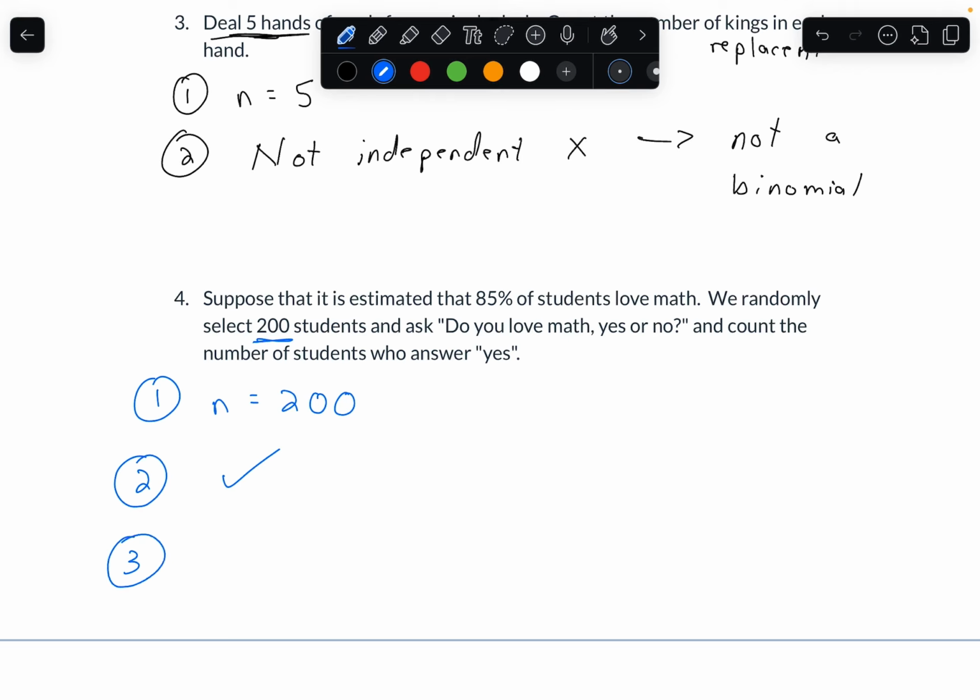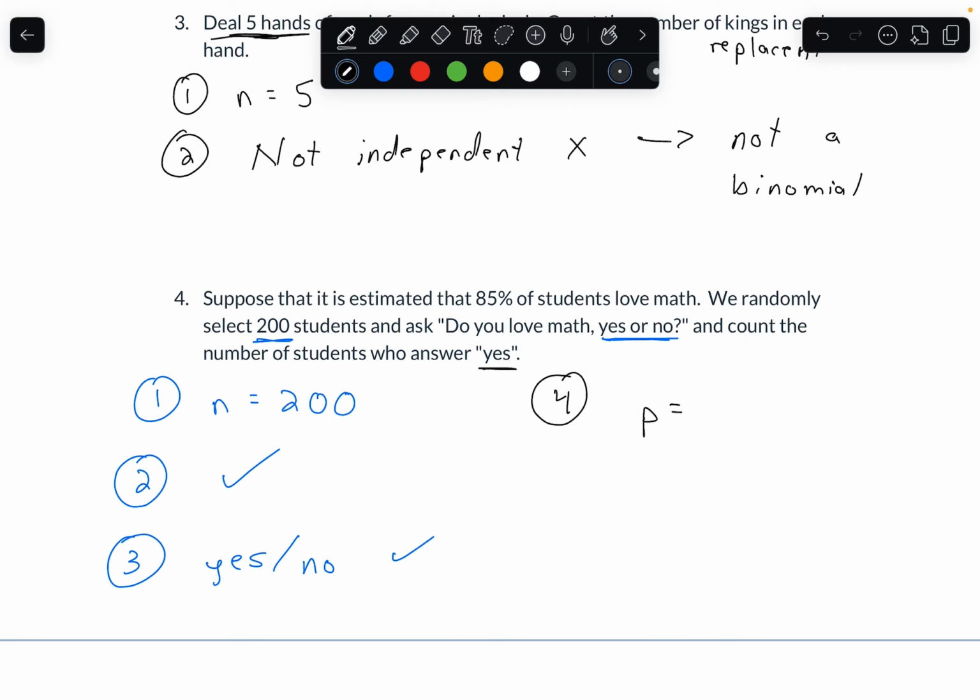Number 3, we said exactly 2 outcomes. In this case, we're asking either yes or no. So yes or no. So yeah, sure, this has exactly 2 outcomes. And then for our 4th case over here, we're defining a success as the number of students who answer yes.